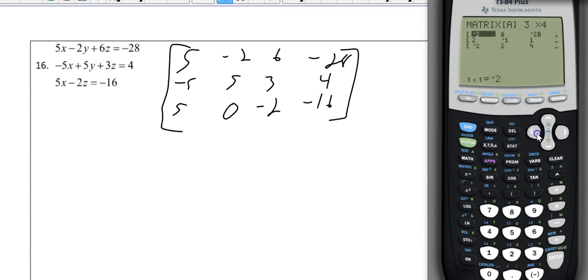I'm going to go back and find out. 5, negative 2, 6, negative 28. It didn't take the first number for some reason. Negative 5. And 5, 0, negative 2, negative 16.